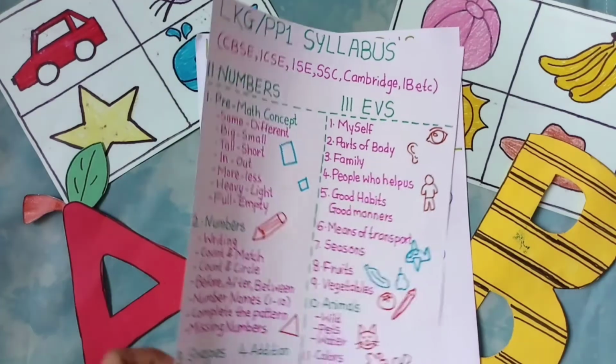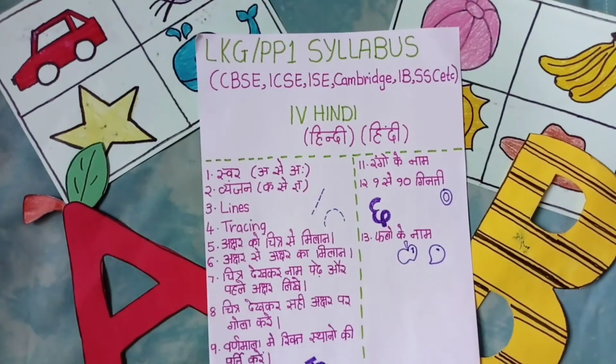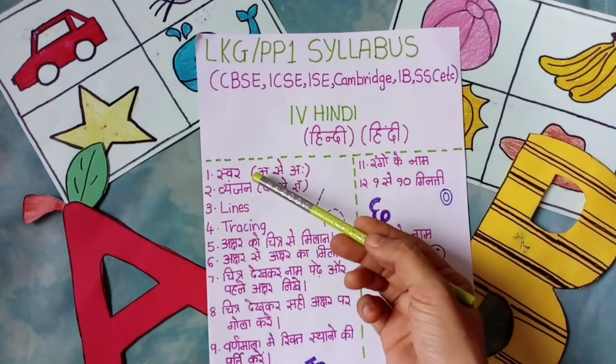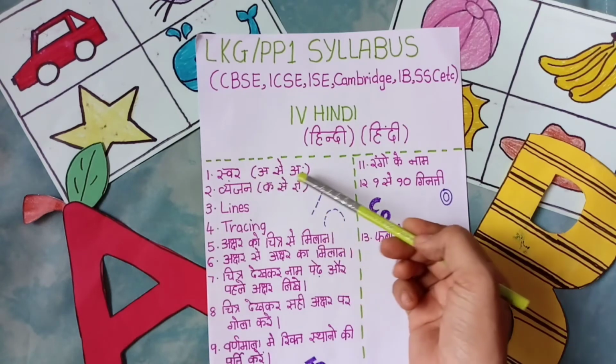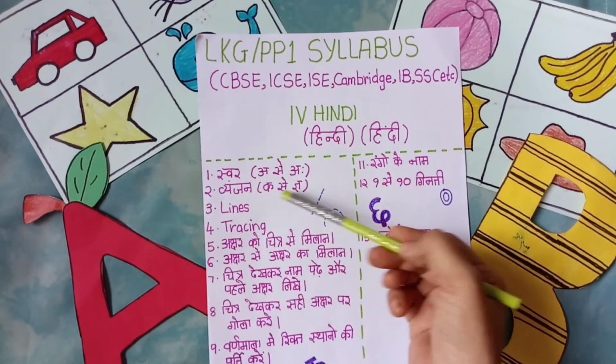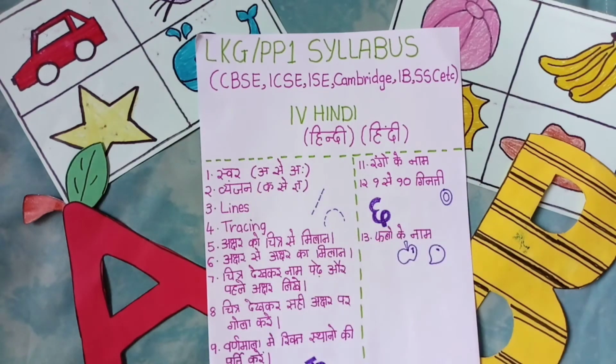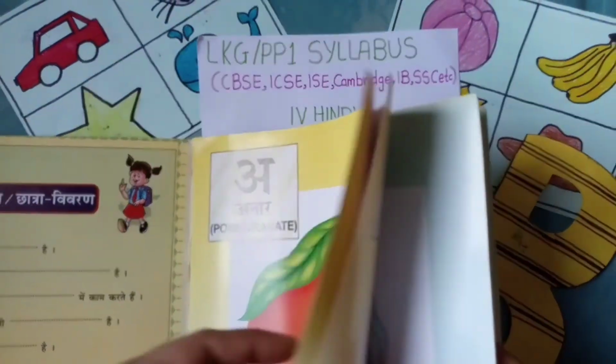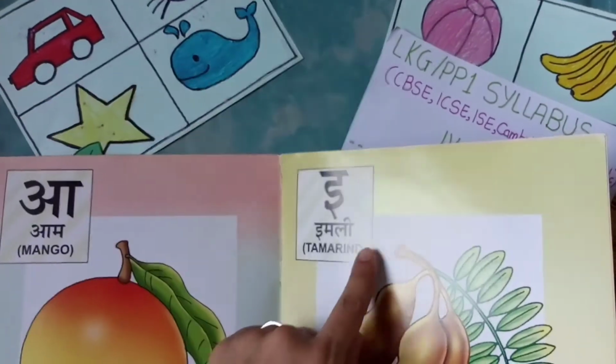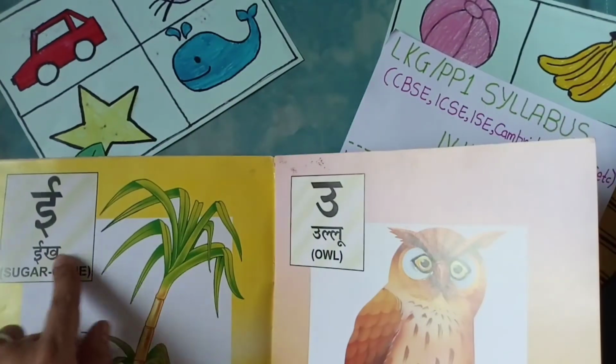Now next is our Hindi. For Hindi, it starts from swar, that is a se aha, vyanjan ka se gya, and together swar and vyanjans are called varnmala. Like this: a, e, u.